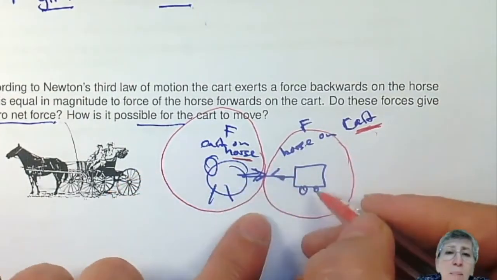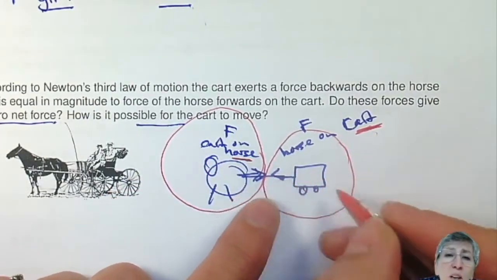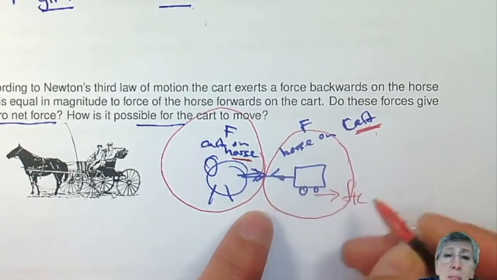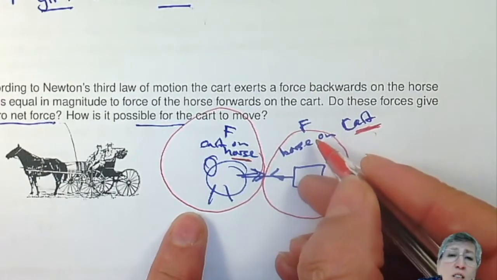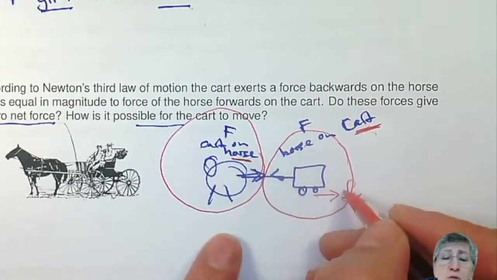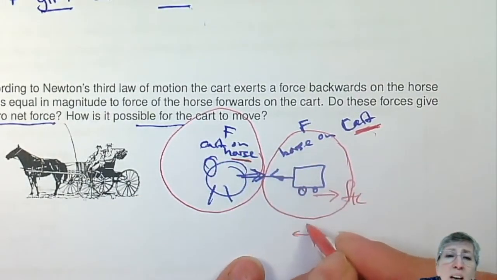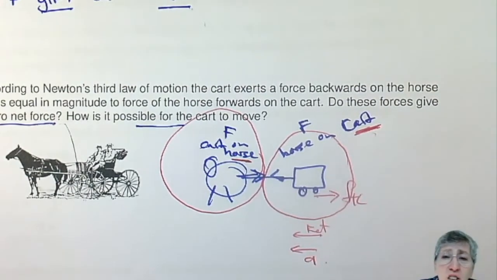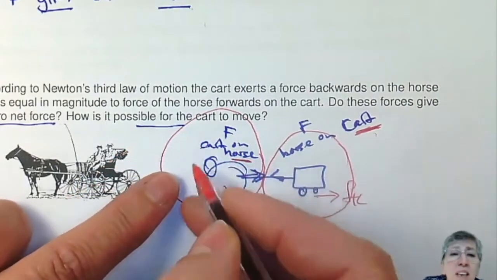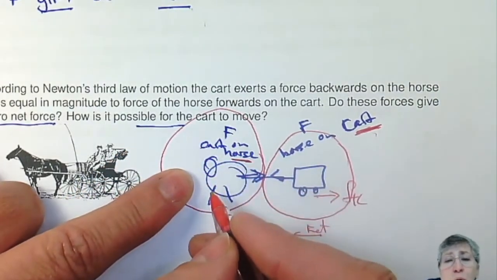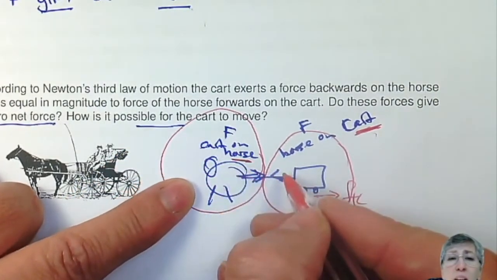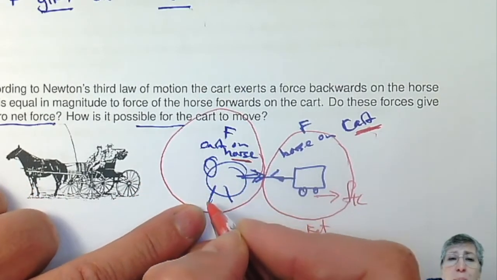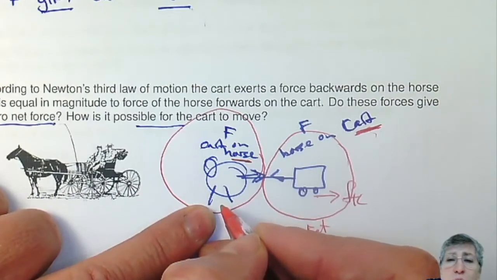Now, if you think about the cart, the horse is pulling it forward and there's a frictional force towards the back. So as long as the horse is pulling harder than the frictional force, you will have an F net in the forward direction and you will have acceleration. The same thing is working for the horse as well. So the cart is pulling it back, but what's the horse doing? It is pushing backwards against the ground, right?